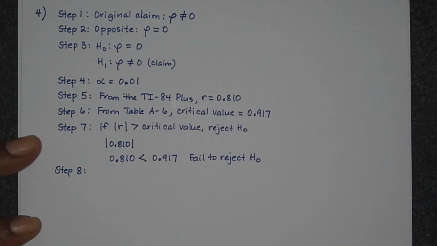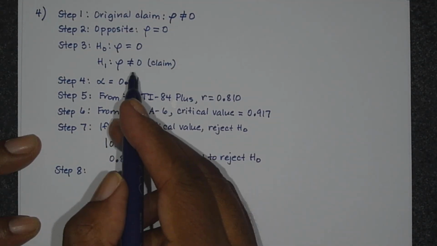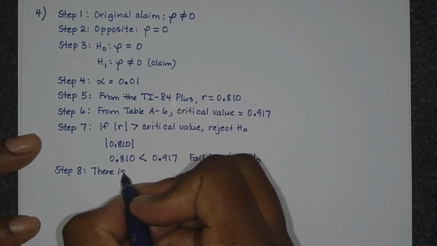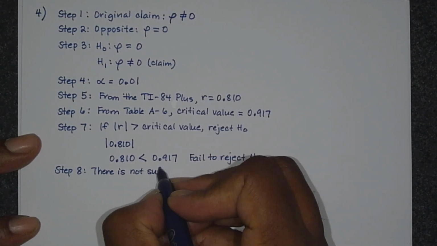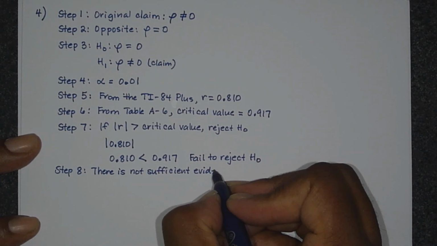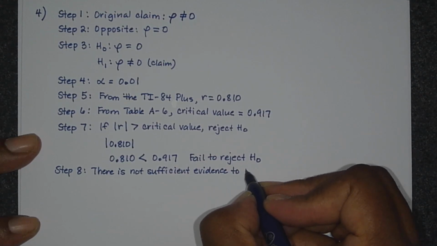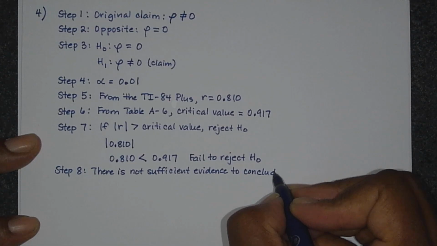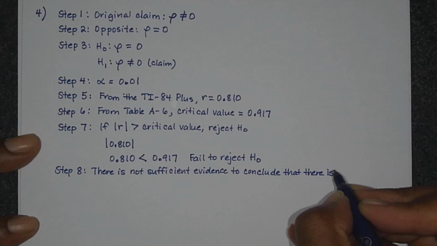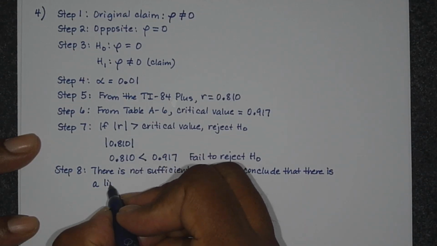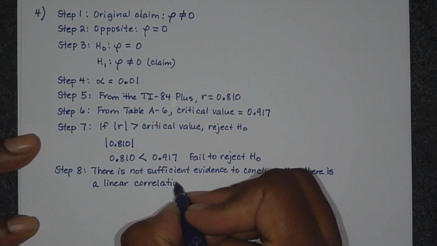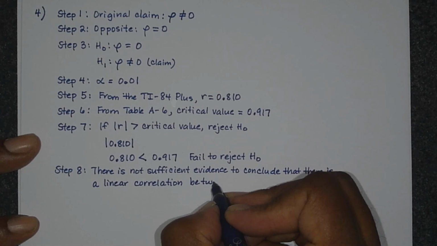And then our concluding statement would be something like this. We failed to reject the null, and the claim was the alternative, so that means that there is not sufficient evidence to conclude that there is a linear correlation, now I'll just say between the two variables.